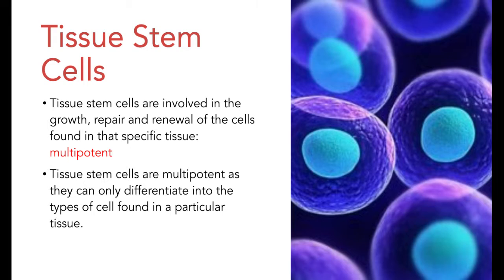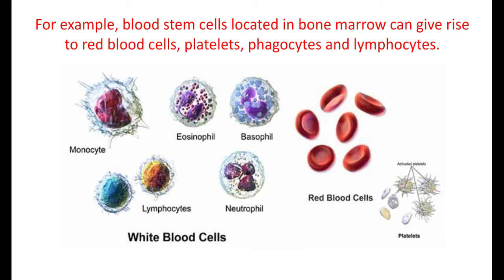The lining of your small intestine has tissue stem cells, and those are multipotent, meaning they can only differentiate into the types of cell that you would find inside the small intestine. Okay, so I think multipotent starts with an M, so you can maybe think about muscle as a type of tissue, as a way of linking tissue to multi, okay? But it's a limited range of cell types.